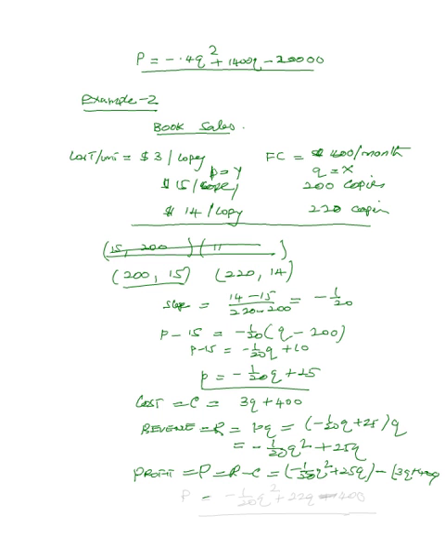So it will work out to be negative 1 over 20 Q squared plus 22Q minus 400. So these two examples are possibly enough for us to think about how to create revenue, cost, or the profit of a business based on supply and demand.